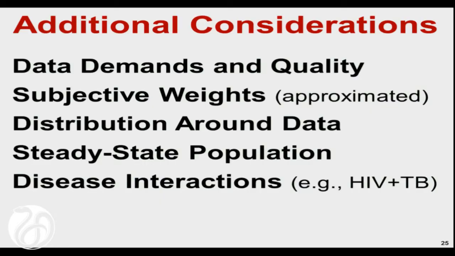We will be looking for ways to improve understanding of the uncertainty around the input data. There's also the question about whether one wishes to analyze this in a steady state population once the vaccine program has been implemented and is in full bore, or whether you want to be able to analyze it in a startup situation. These are all considerations that either the next version or hopefully later versions will grapple with.